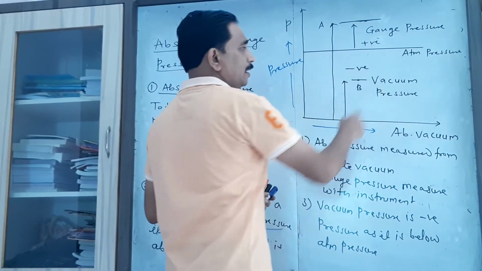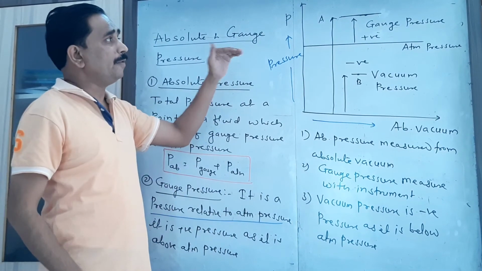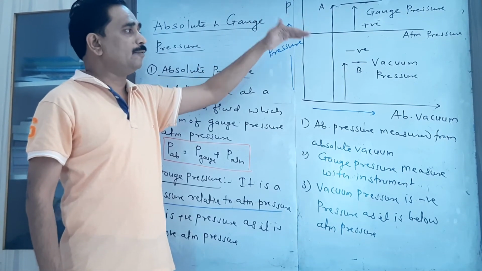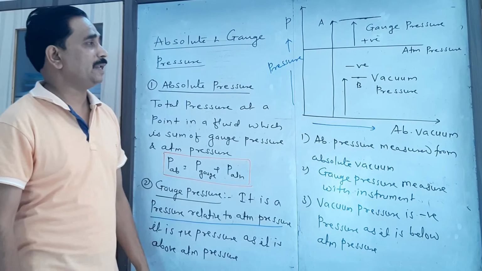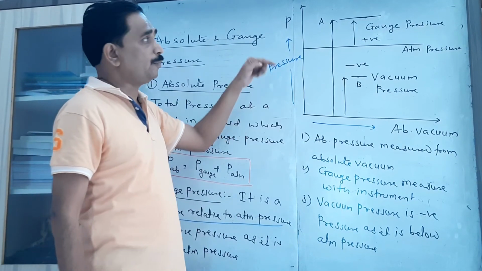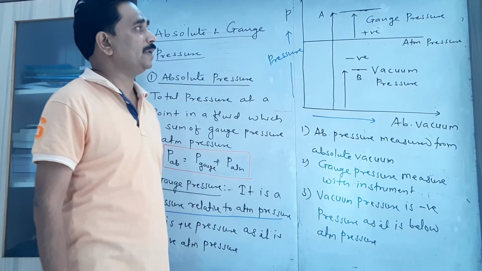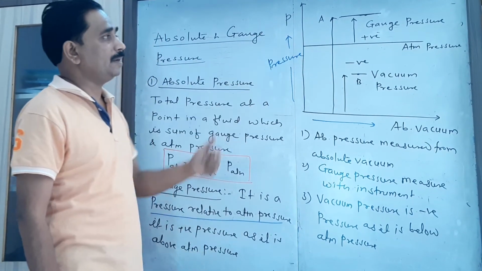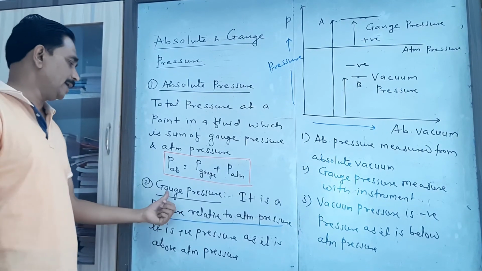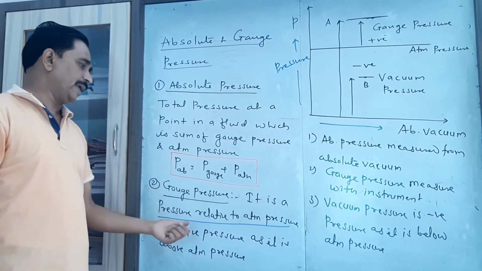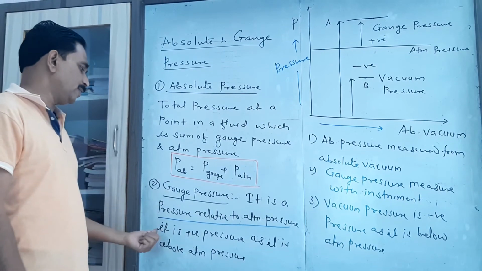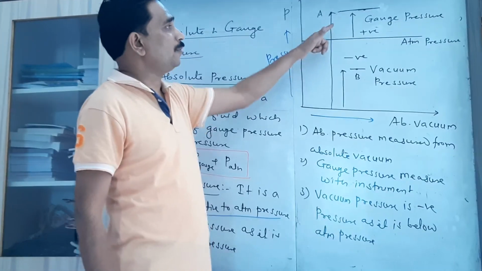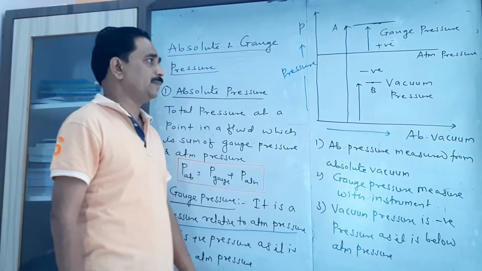This is the atmospheric pressure. Now we have to consider one point above the atmospheric pressure and one point below it. The point which is above the atmospheric pressure, at that point the pressure will be more. That's why gauge pressure is a pressure relative to the atmospheric pressure, and it is positive because it is in the upward direction to that of the atmospheric pressure.